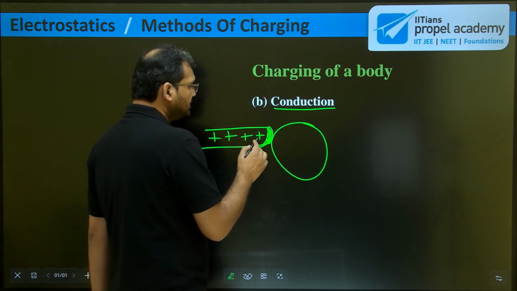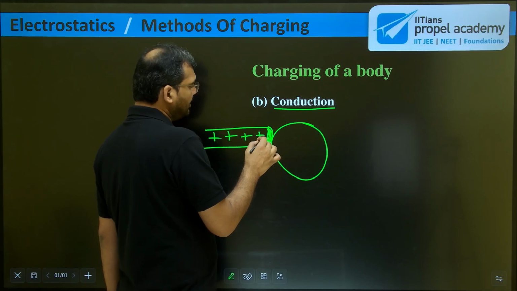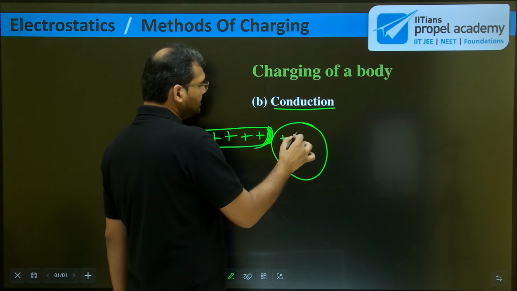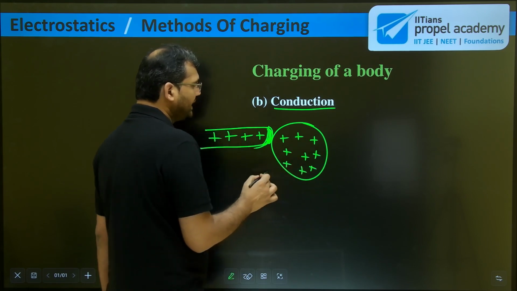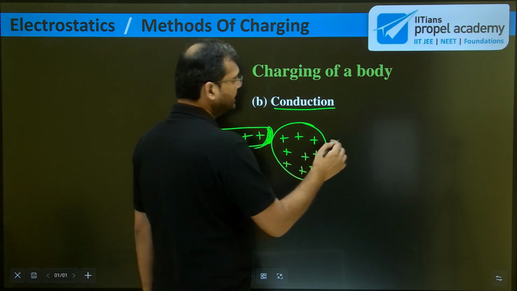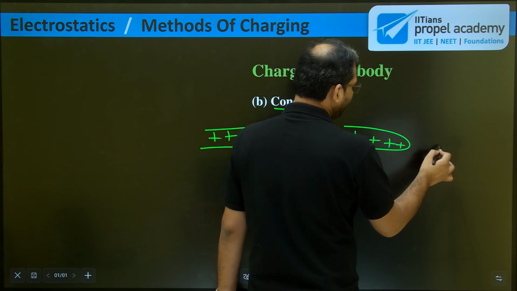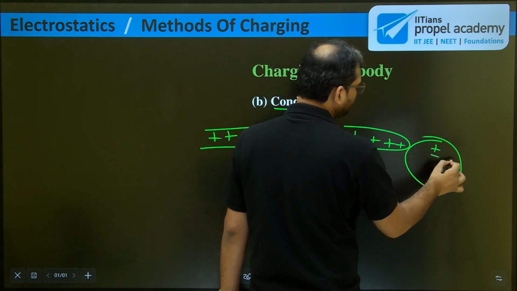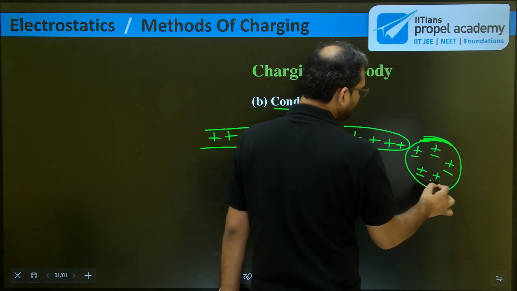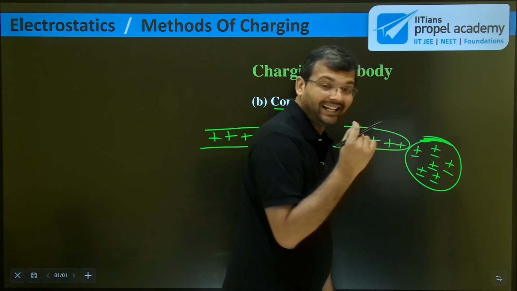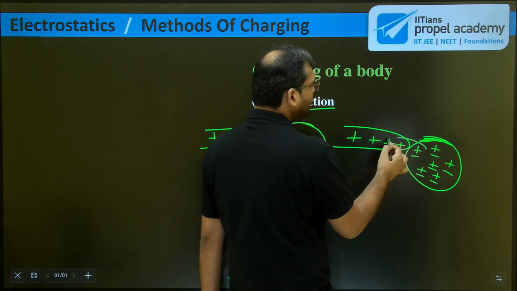Now from this positively charged body, positive charge will transfer to the metallic sphere. Actually, what happens here is, if you bring this positively charged object to a metallic sphere where you have both positive and negative charges equally, the electrons, which are much lighter, will travel from the sphere to the rod.